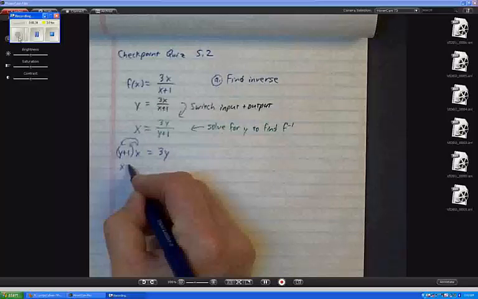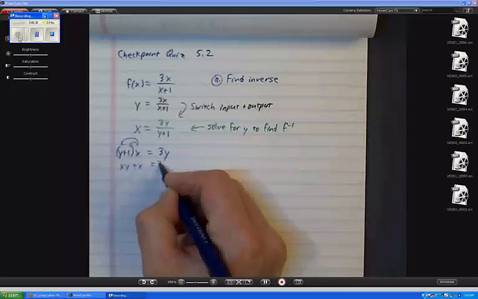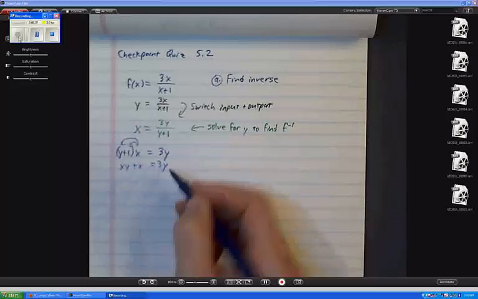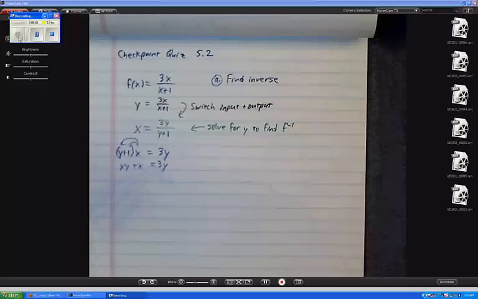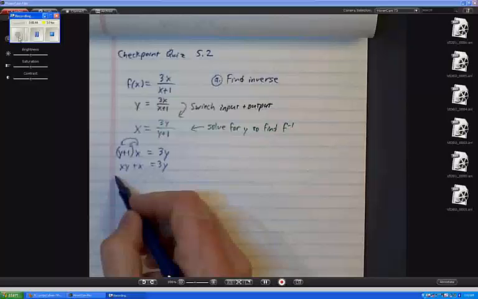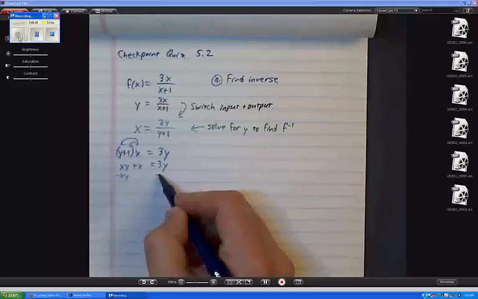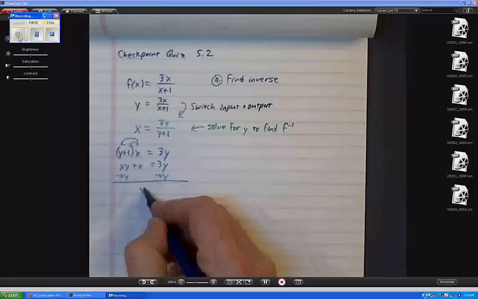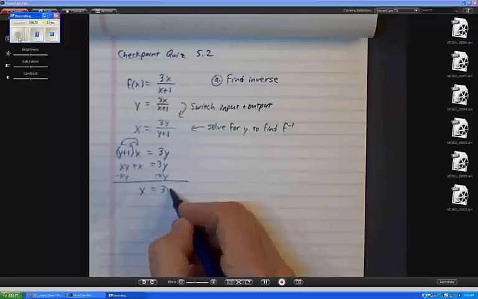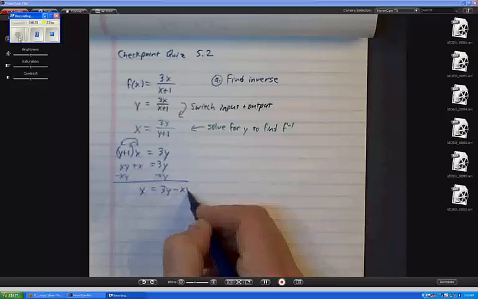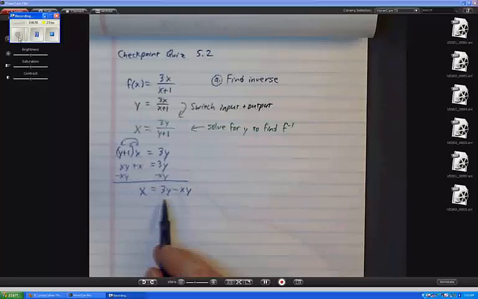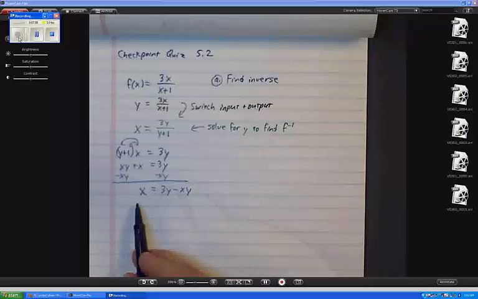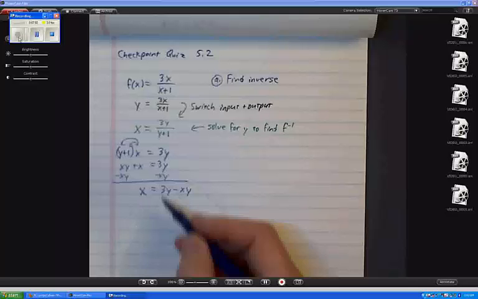xy plus x equals 3y. Next step, let's subtract the xy. Why did I do that? That's right. If I get all the y's on one side, everything that has a y, and everything else over here, there's a really nice trick we can do, and that's to factor.